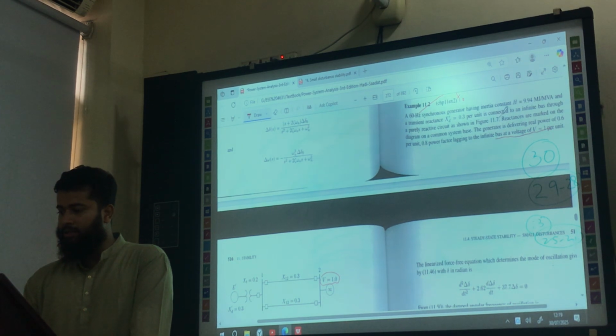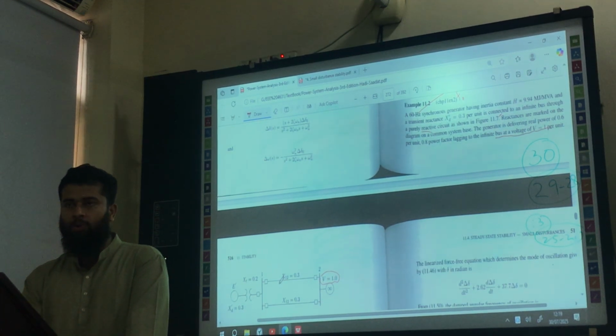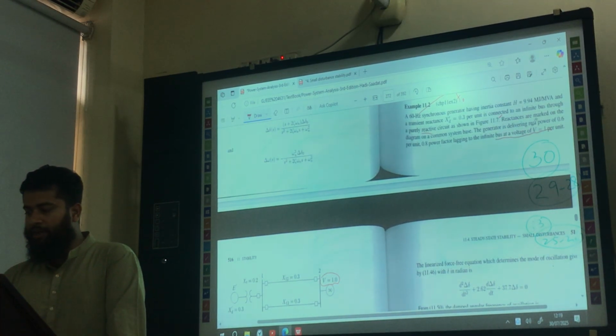Now let's read out the rest of the question. Reactances are marked on the diagram on a common system basis. So the reactance values are given here. And this is a purely reactive circuit, that means there are no resistive components. The generator is delivering real power of 0.6 per unit. So this is actually your real power PE, the real power delivered to this infinite bus.